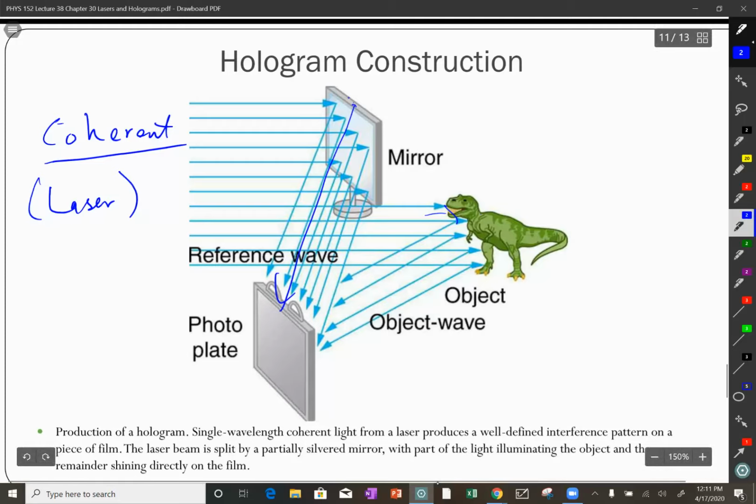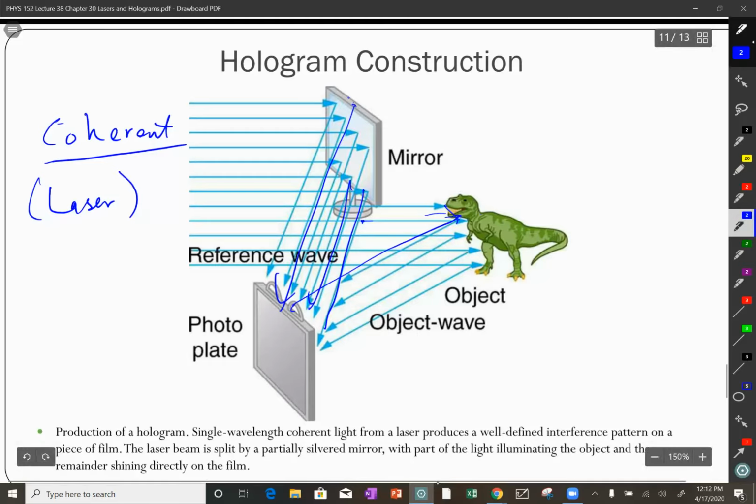And the light that hits this dinosaur reflects off, and some of that is going to hit this photoplate. And since this light was coherent, it was all in phase, you have a fixed phase relationship. And depending on the distance from here to here to here, and the distance from here to there, you'll have constructive or destructive interference.